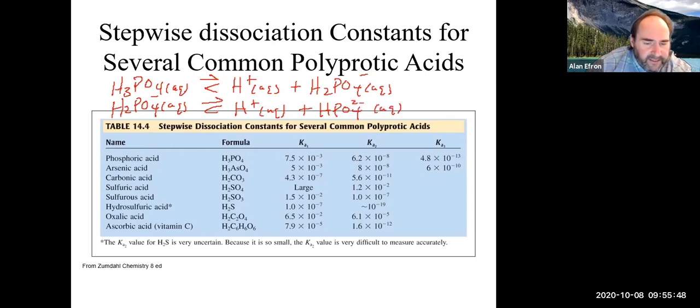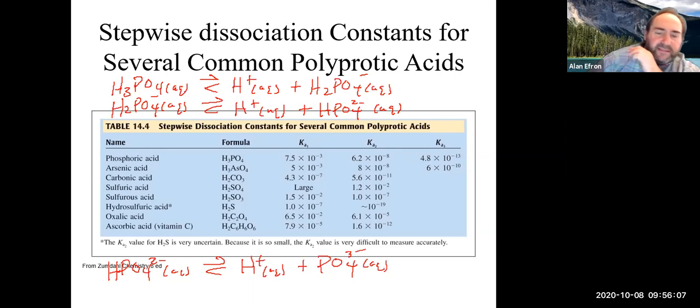And then the third step is that last guy there, HPO4 2 minus, will drop off that last H plus, and we get PO4 3 minus. So it really is a stepwise dissociation as each of the hydrogens come off.